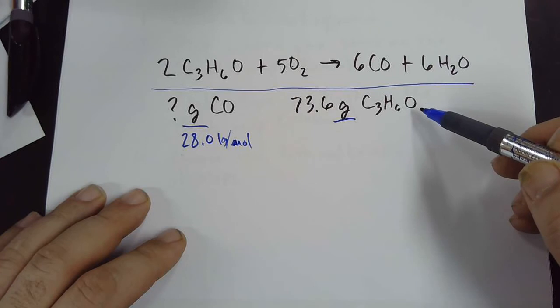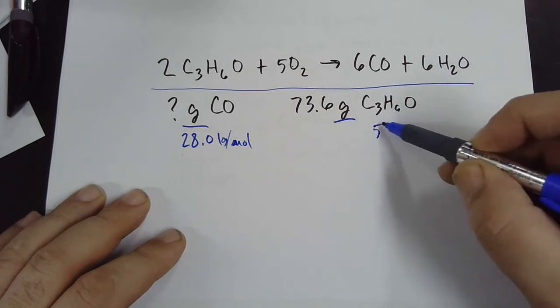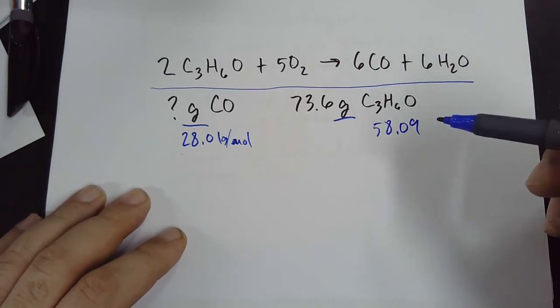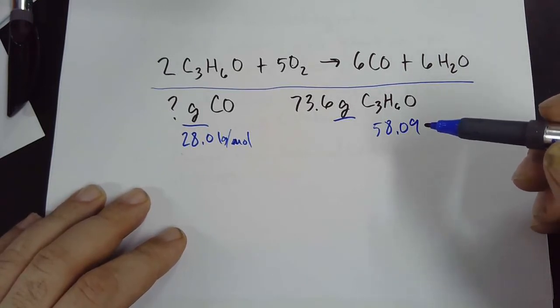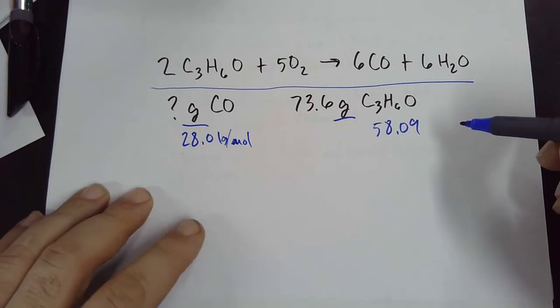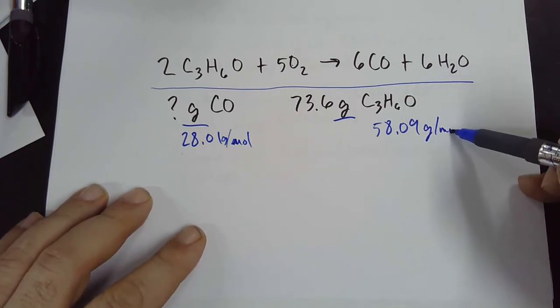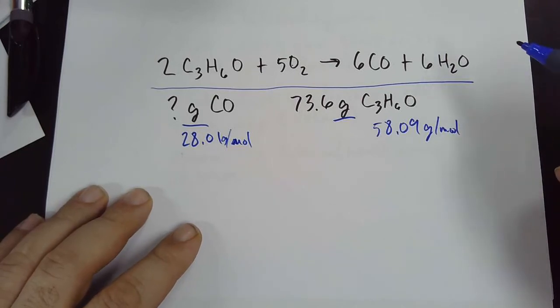So that's 58.09. Is everybody cool with that? Anybody think I'm wrong? Because I did rush through it in my head, so I could be wrong. All right, so that's in grams per mole.